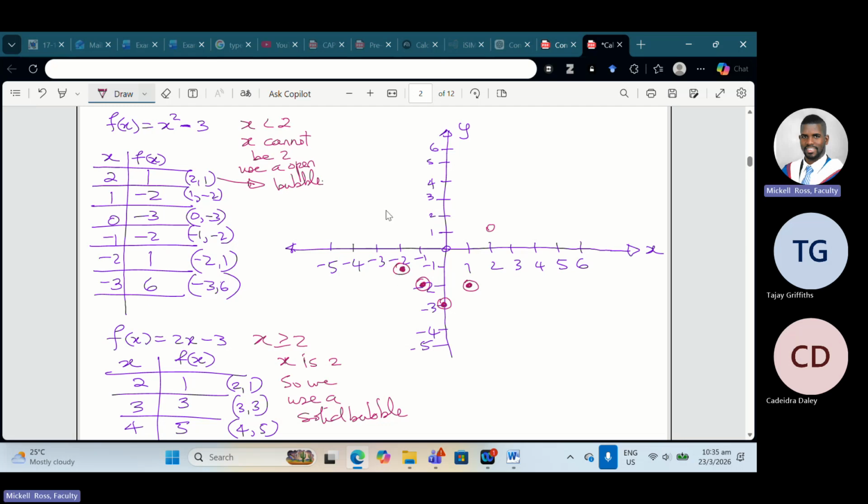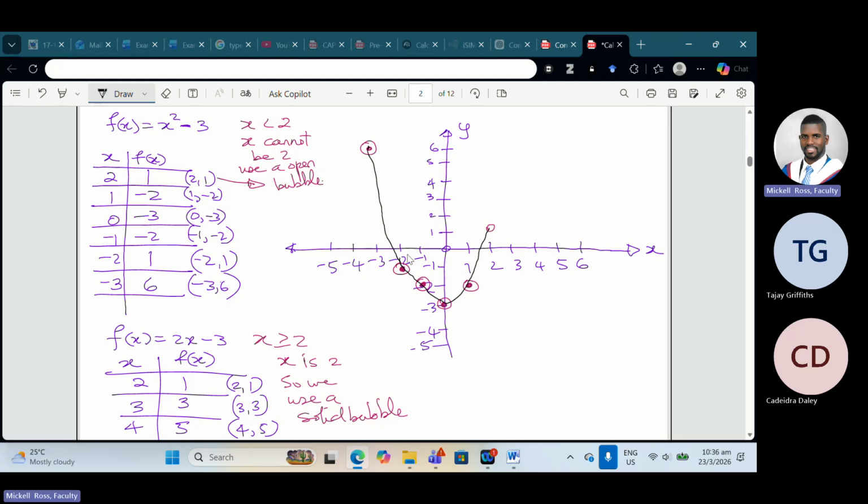And -3, 6, that's another point. So we're going to have our curve. Let me use a different color. You're going to have your curve coming down and then going up right to this point. So it's an open bubble.